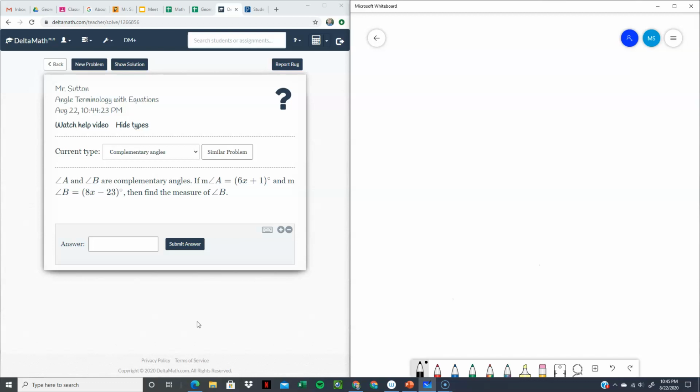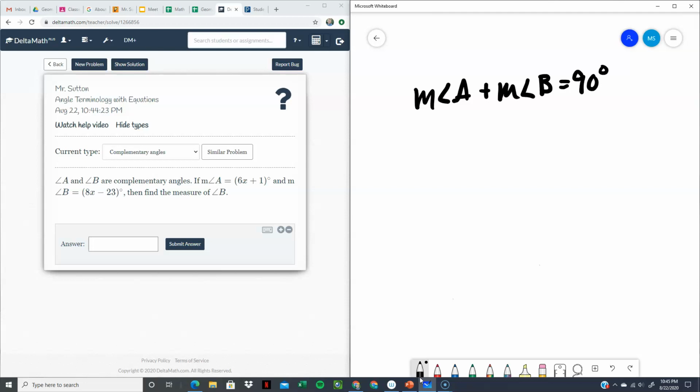Then find the measure of angle B. So we know they're complementary. We know that they add up to 90. So measure of angle A plus the measure of angle B, we know equals 90 degrees.